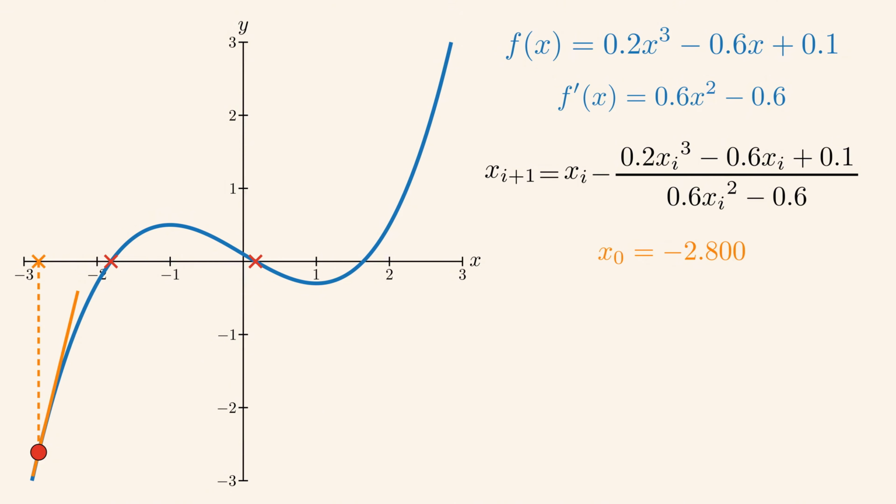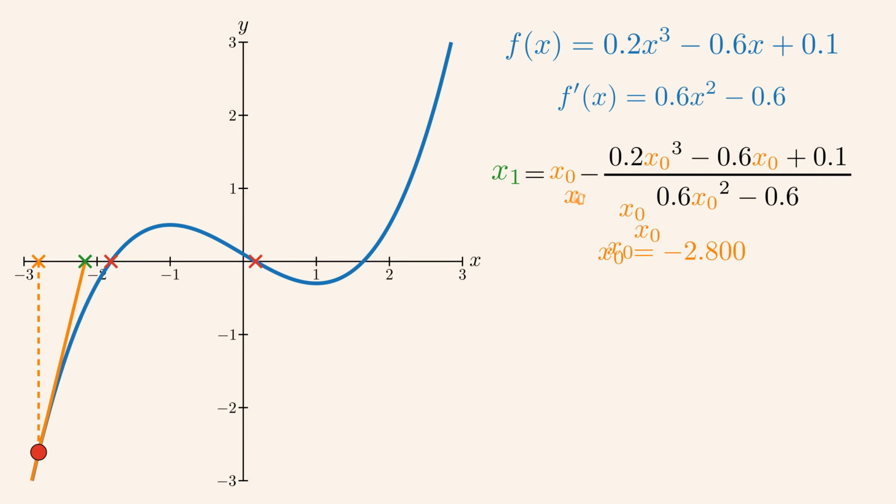This point lies on the far left side of the graph, as shown by the orange cross. As before, x1, the next point, is where the tangent line intersects the x-axis. So we use our formula again and plug in x0 to get the value of x1.